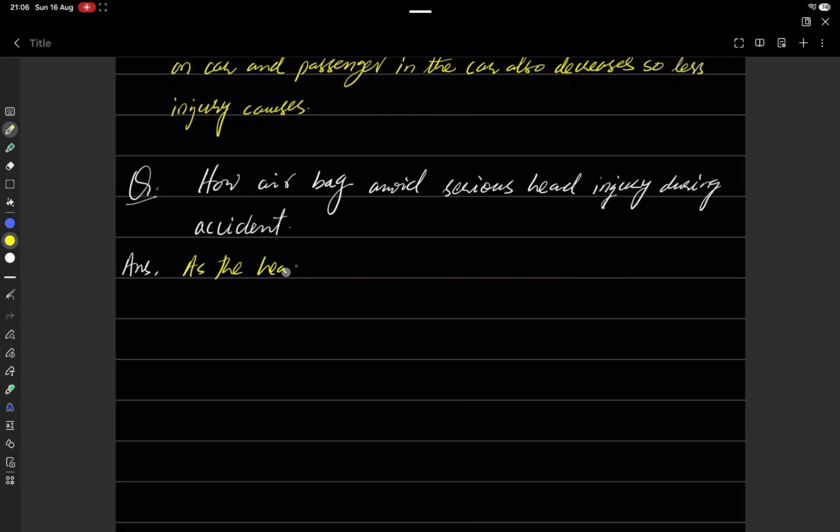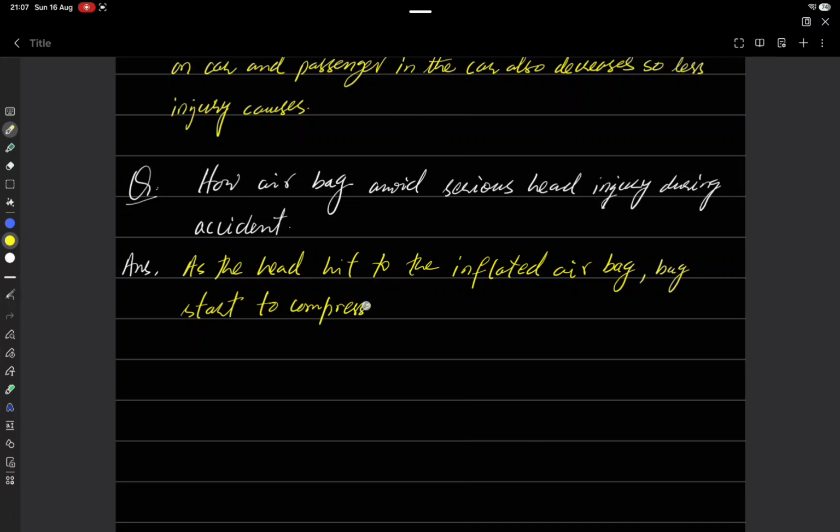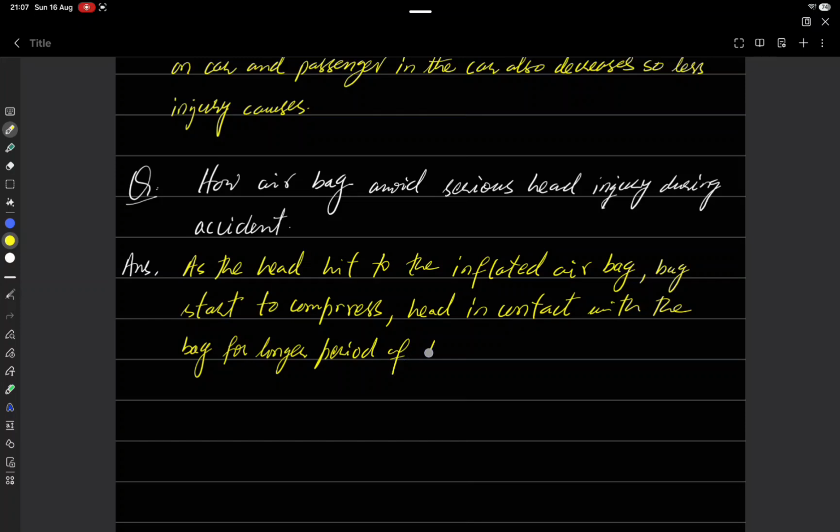As the head hits the inflated airbag, the bag starts to compress. The head is in contact with the bag for a longer period of time.